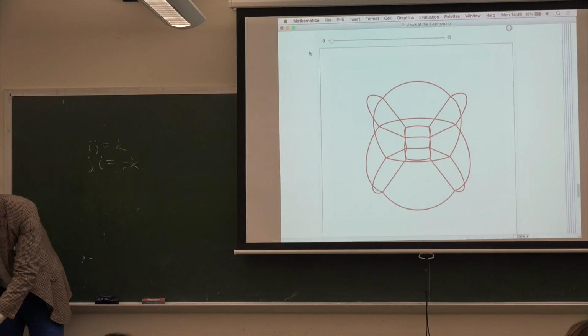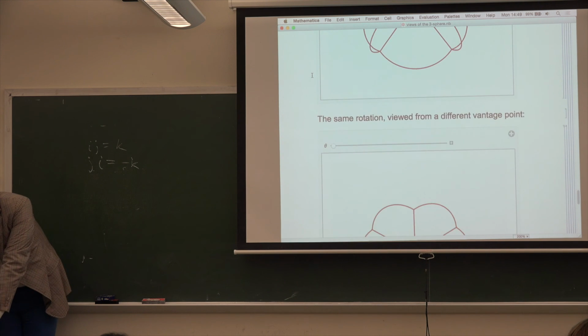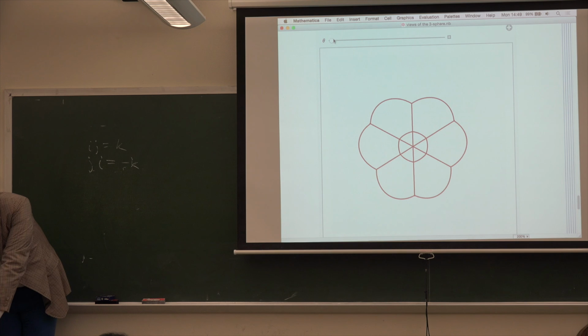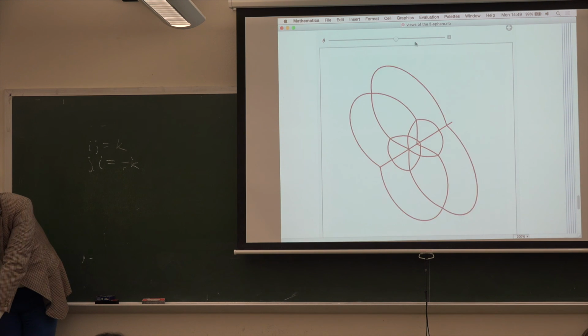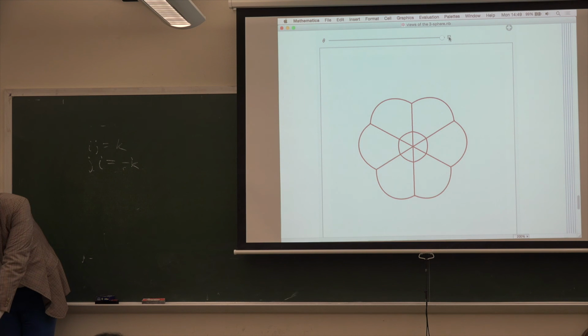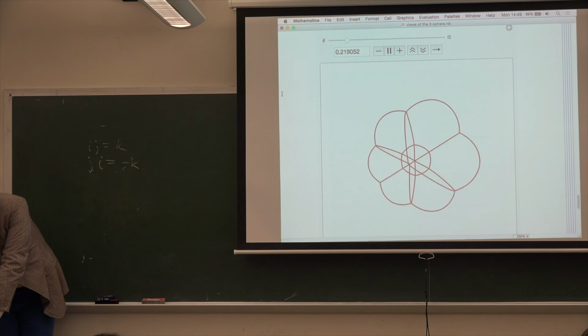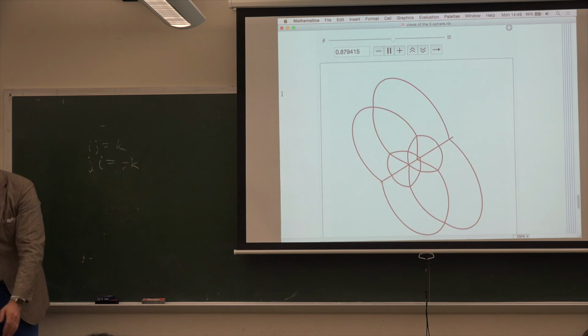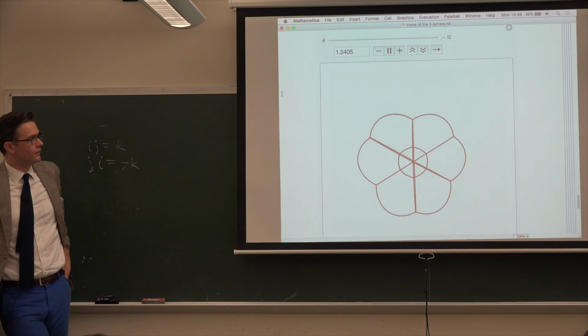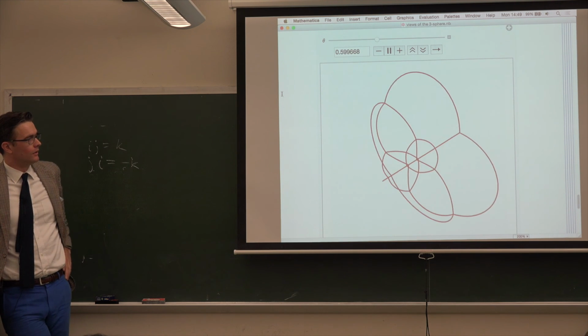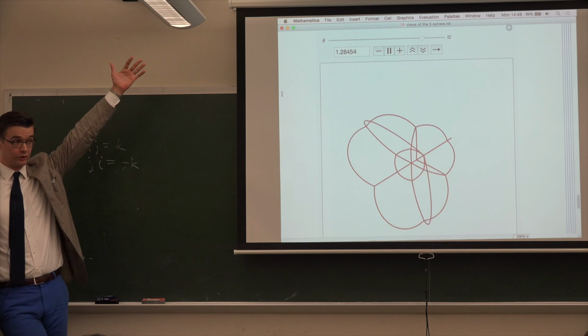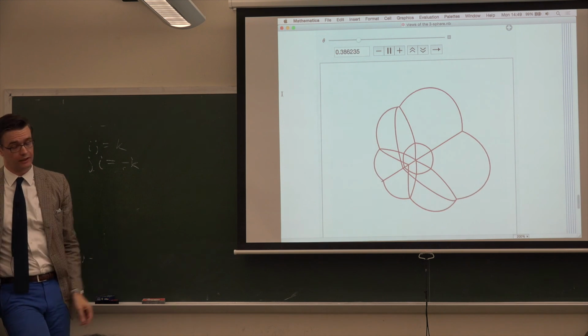Which I think you'll agree doesn't really look like a rotation, but actually is. Or here's the same thing from a slightly different vantage point. I don't know, I just like that. So that's a rotation in four-space viewed with our three-dimensional eyes.